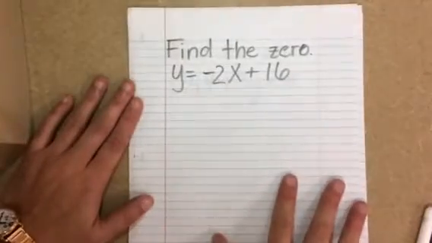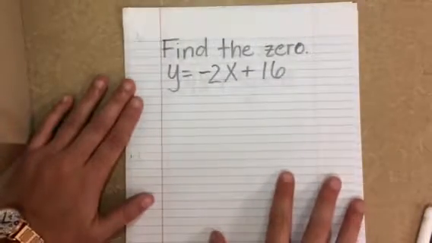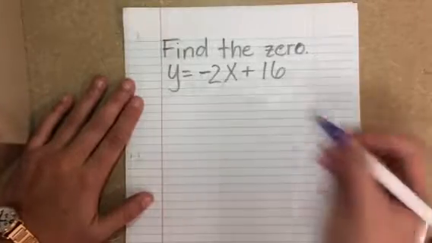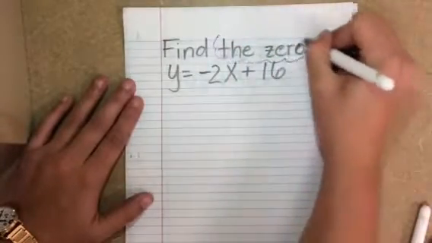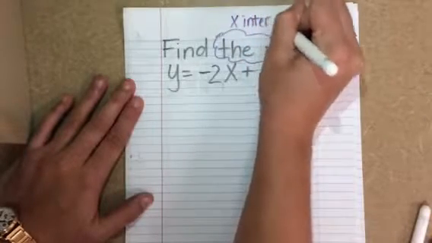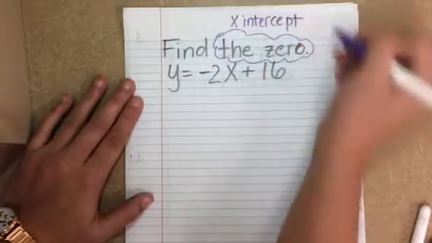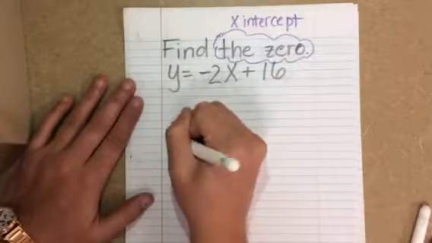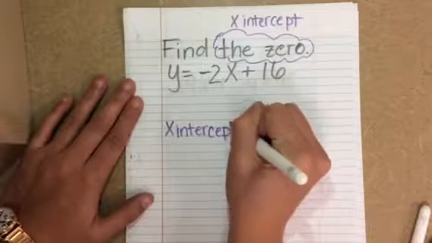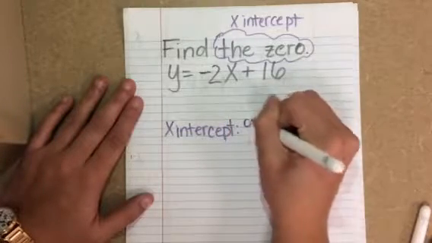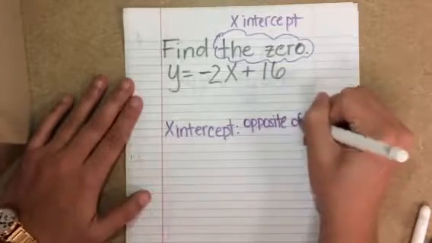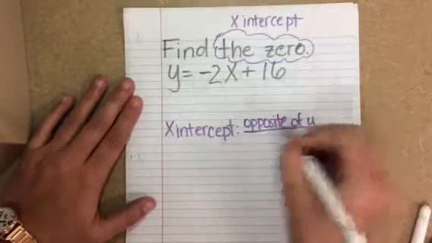In the next problem, it says find the 0. In order to get the 0, that really means the x-intercept. So you have to remember, to get the x-intercept, you have to do the opposite of y divided by the slope.